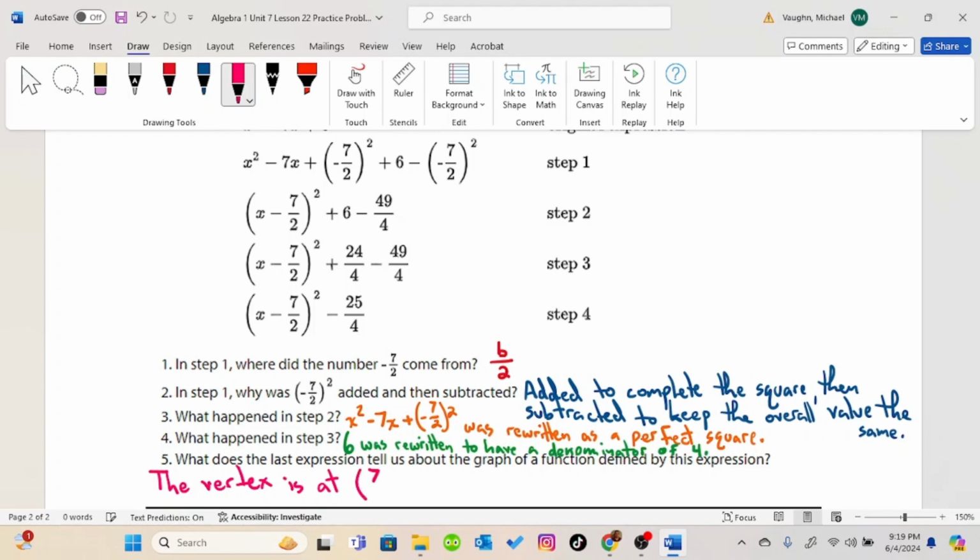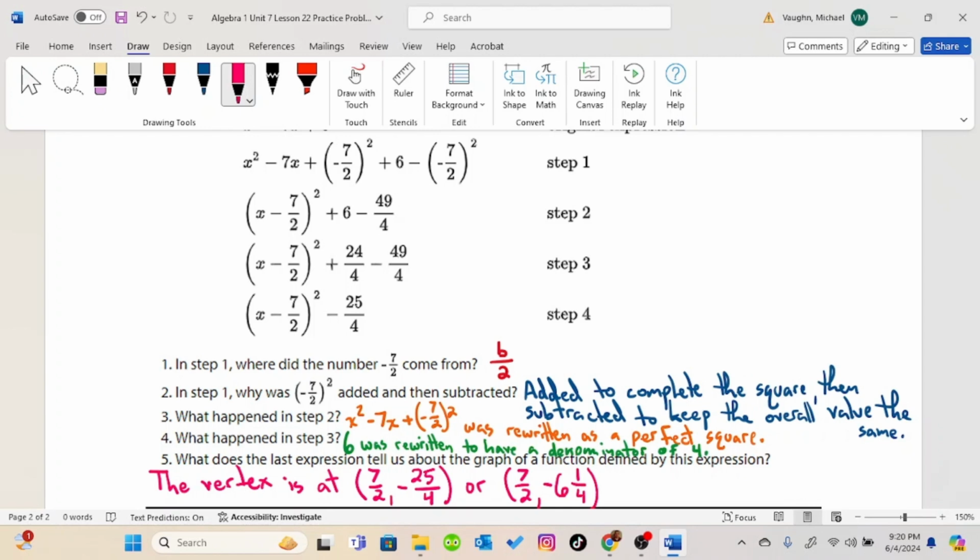So that's 7/2. And we want exactly what is outside the parentheses. So that's -25/4. Or if you want to write it as a mixed fraction, this is 7/2 and -6 1/4. These are the same point.